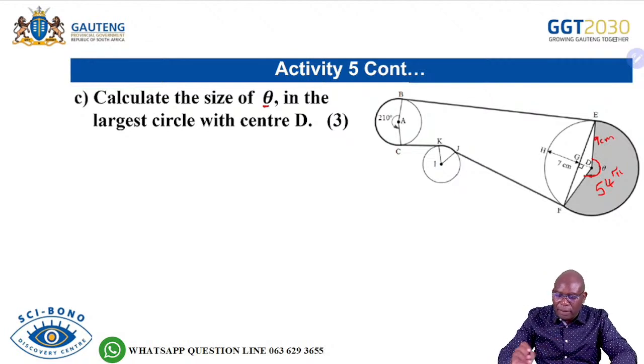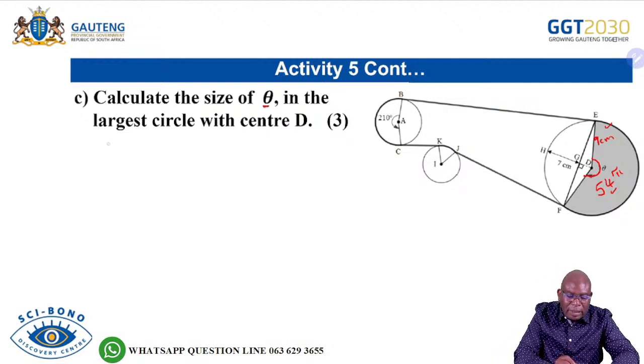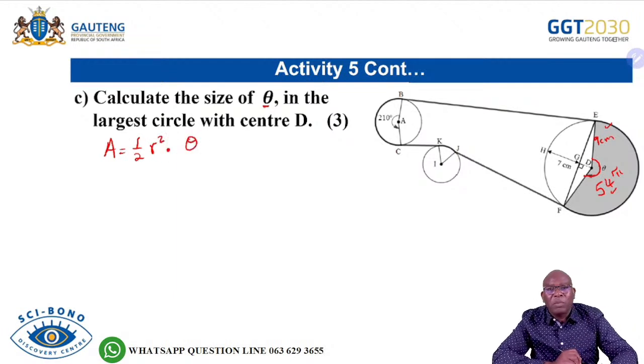Now, first of all, the area is given, the radius is given. So I'm going to go to a formula that talks to the area of the sector. The formula that talks to the area of the sector is A equals half r squared multiplied by theta, because that's what I'm going to be looking for.